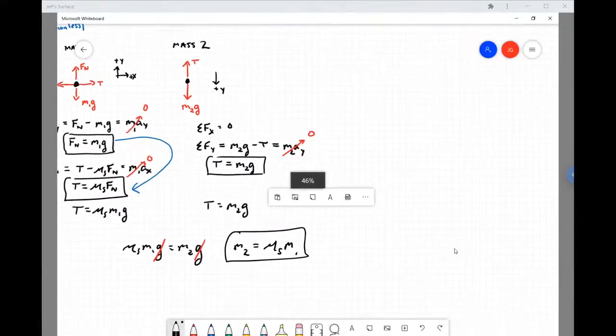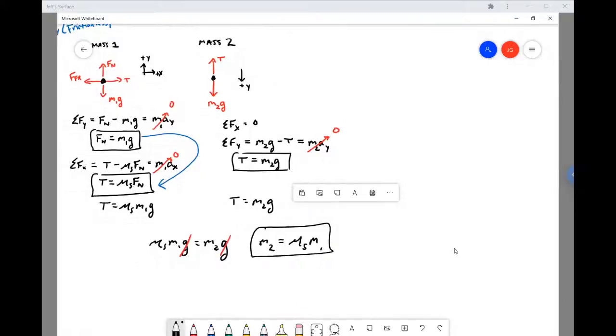This defines right here the maximum amount of mass that you can hang and everything stays still. So it's easy to set up a situation where you would exceed that maximum. So let's say that you have a coefficient of static friction of 0.5.